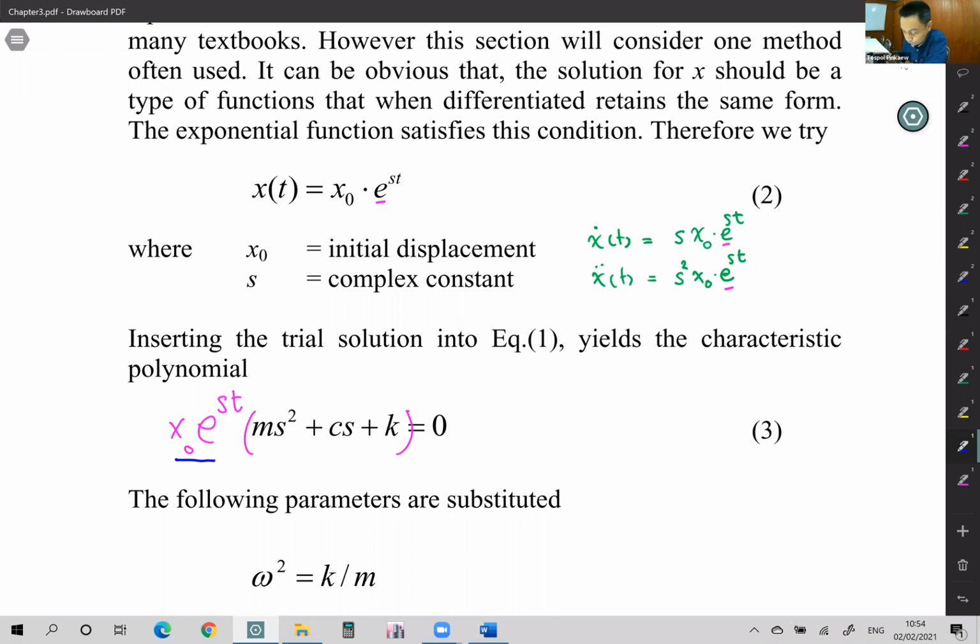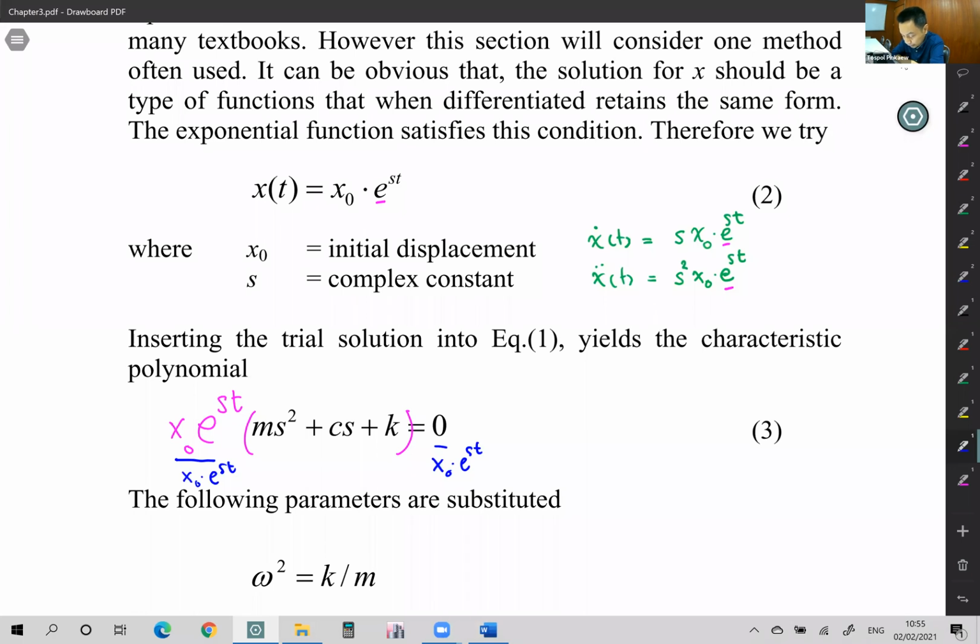Therefore, I divide the whole equation 3 by x0 e to the power st, and you will get ms squared plus cs plus k equal to 0. M is the mass, C is the damping coefficient, K is the stiffness.